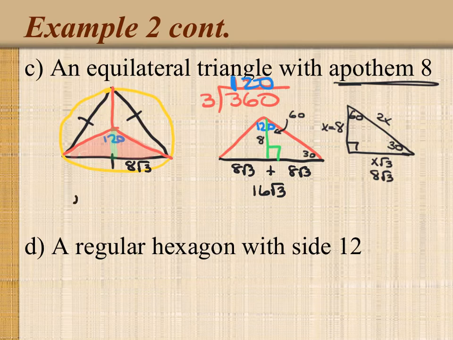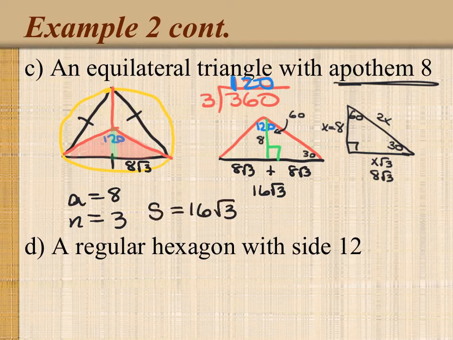So now my apothem is 8, the number of sides in a triangle is 3, and I just found the side length to be 16 square root 3. Now to find the perimeter, yes?